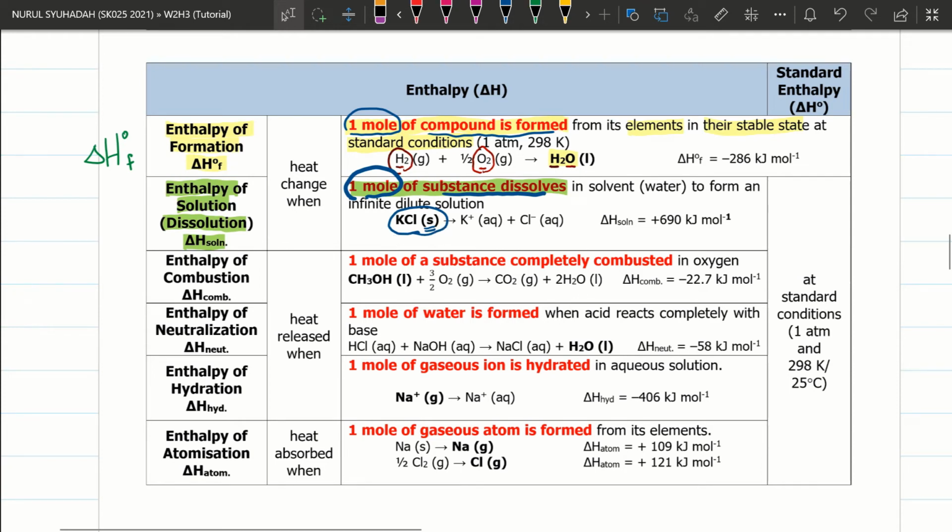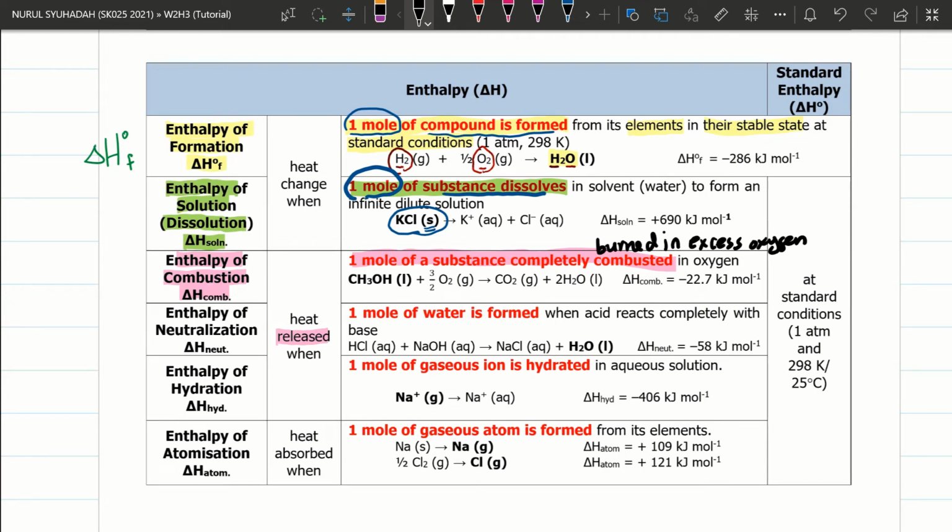Now the next one, we're going to look at enthalpy of combustion, delta H comb. It will always be heat released, because combustion must release heat. The definition of enthalpy of combustion is heat released when 1 mole of substance is completely combusted in oxygen, or you can also write completely burnt in excess oxygen.